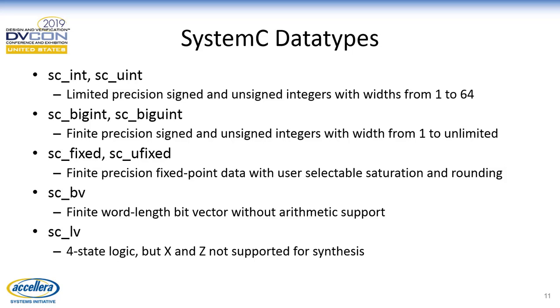The semantics are about the same, but it doesn't have arithmetic support. sc_lv is a 4-state logic, 0, 1, X, and Z, but for the synthesizable subset, you can't use X and Z, so I'm going to say forget about that as well. The ones that you'll use and should focus on are sc_int and sc_uint, sc_bigint and sc_biguint, sc_fixed and sc_ufixed. And the C++ types have a place as well.